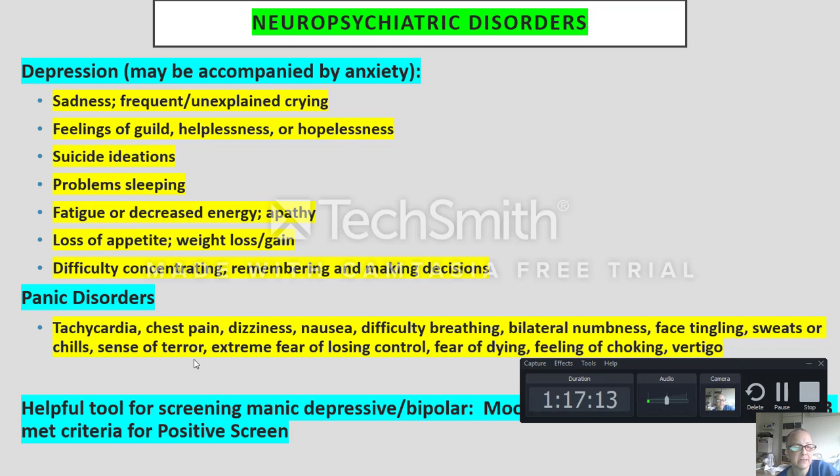Suicide ideations, problems sleeping, fatigue or decreased energy, apathy, loss of appetite, weight loss or gain. Difficulty concentrating, remembering, and making decisions.